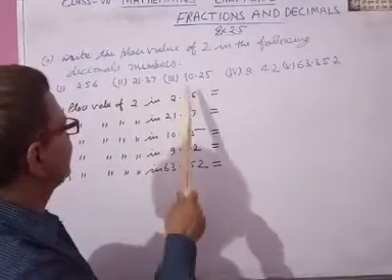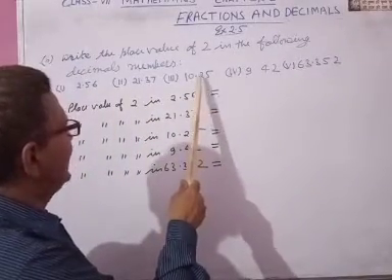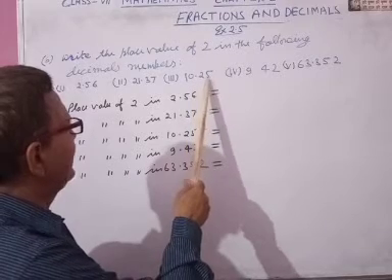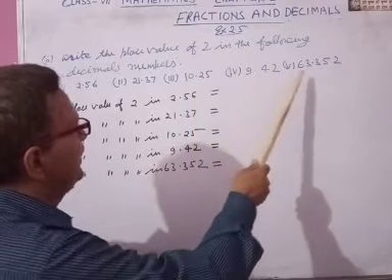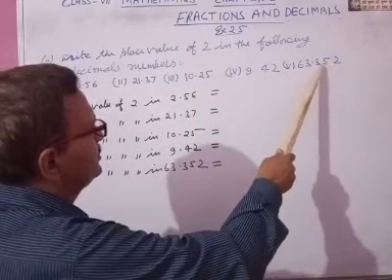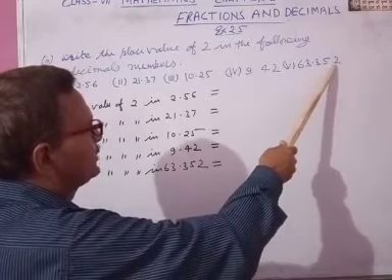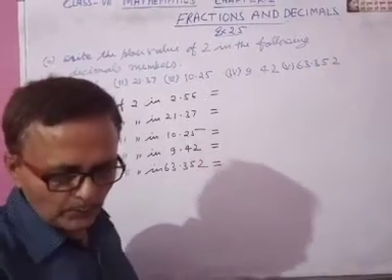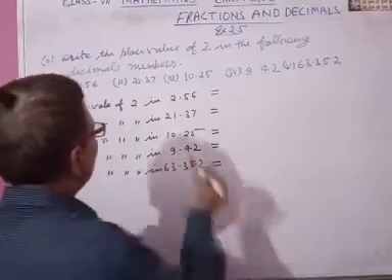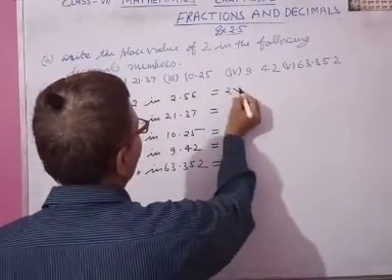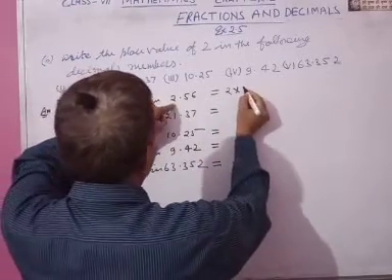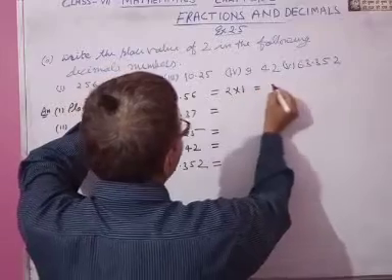When we write after decimal, first tenths, then hundredths, thousandths, like this. So we will write here first: 2 multiplied by 1, that is 2 ones.